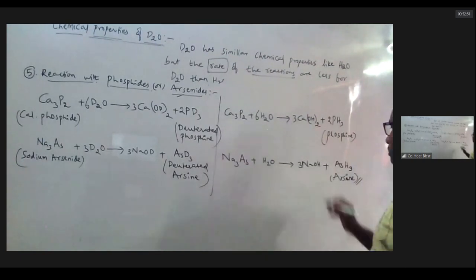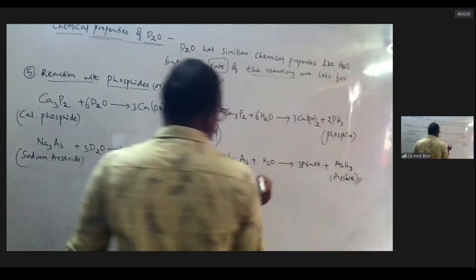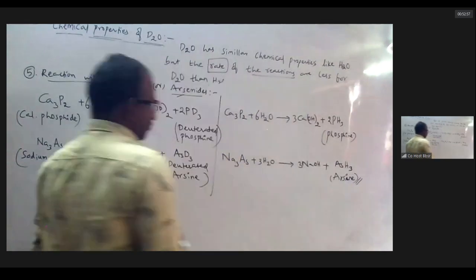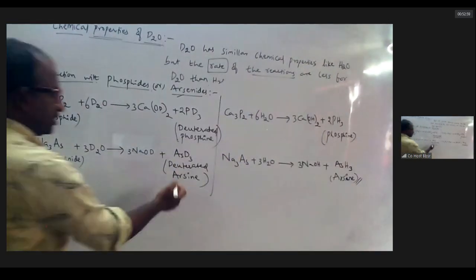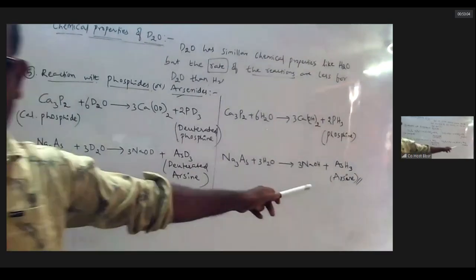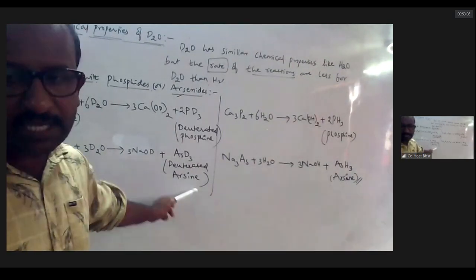This is sodium hydroxide. Total oxygen is 3, so it is balanced. So with arsine, this one is deuterated arsine.